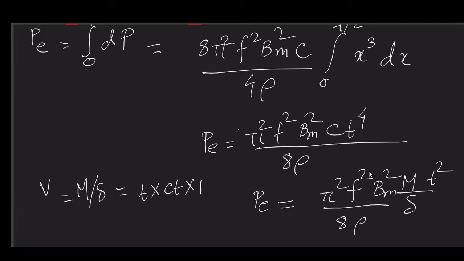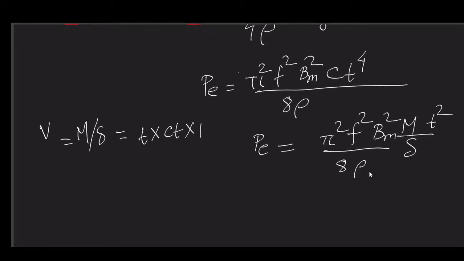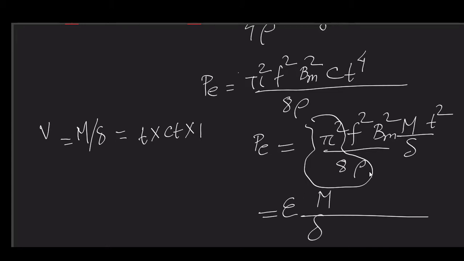Now this pi square by 8 rho, as rho is a property of your core material, the resistivity of the core, so you can get it here. This total thing can further be simplified like epsilon, then it is m by delta f square bm square t square.